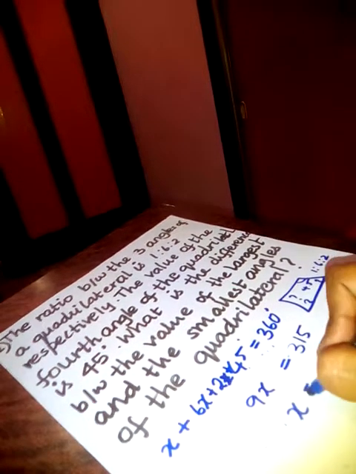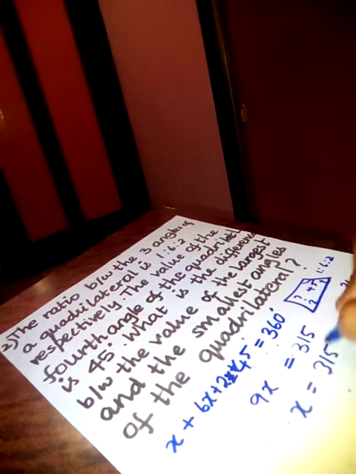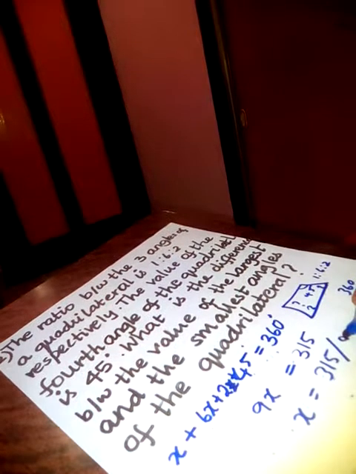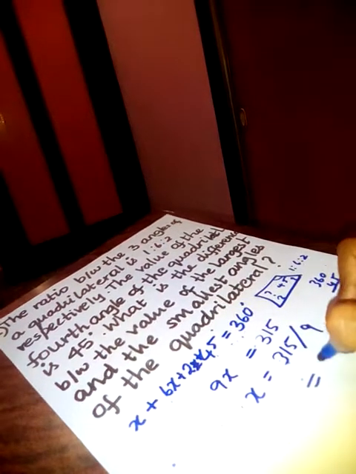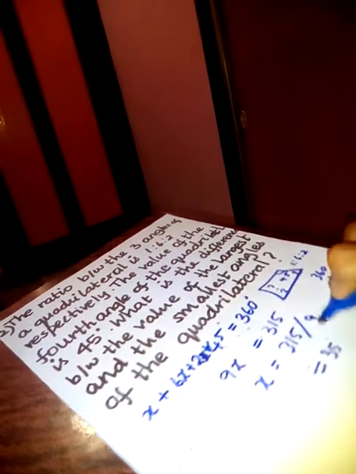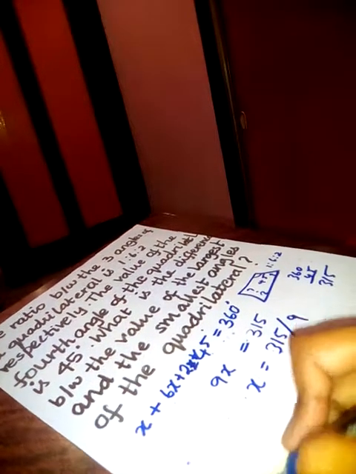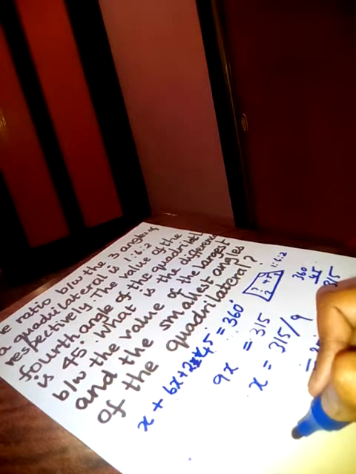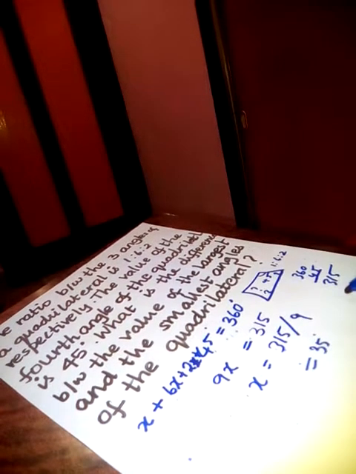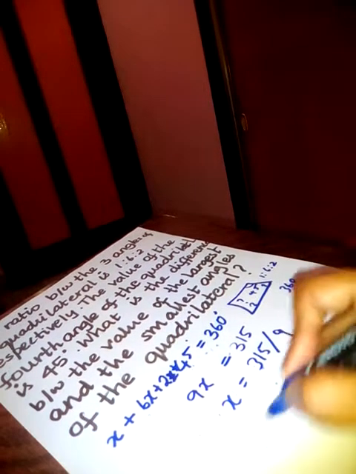Keeping x on this side, 315 divided by 9, you will be getting 35. So hence the value of x is 35. So 35 degree plus 6 into 35 degree will give the answer for another angle.